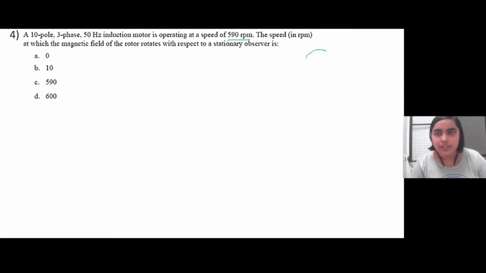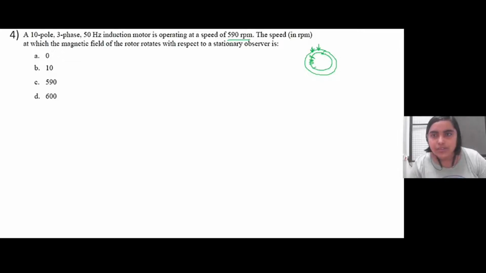So in case of induction motor, the rotor rotates at a slightly lesser speed than that of the magnetic field that gets induced because of the current supply to the stator. So it cuts the flux, cuts the conductors of the rotor, and thereby EMF is generated.